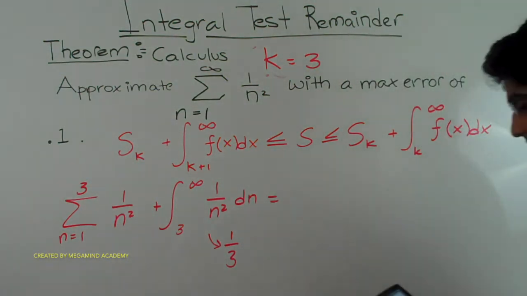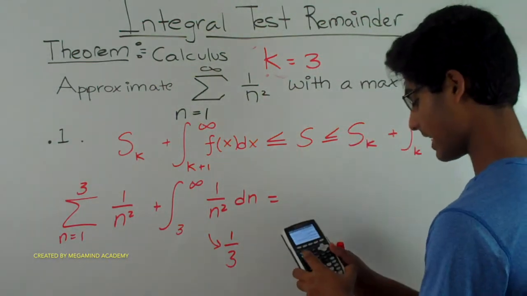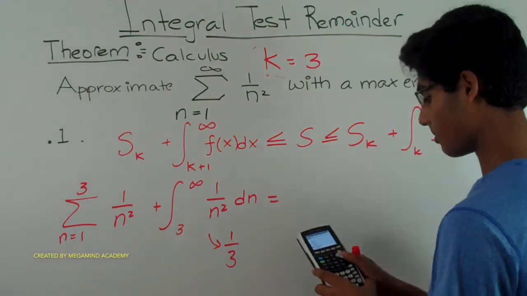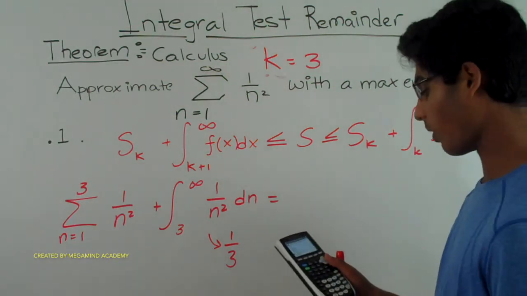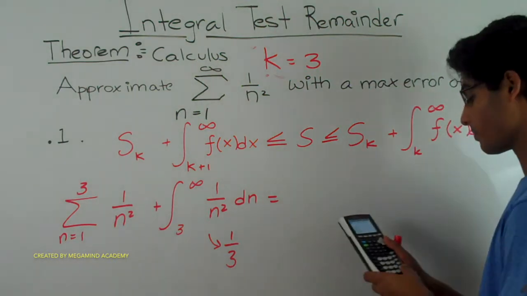So you put this in your calculator. To get this sum here, you just press math and go to number 0 for the math section right here. So you get summation and then the sigma.